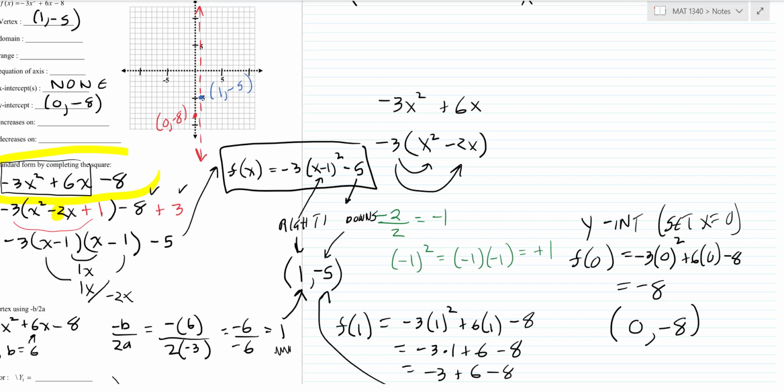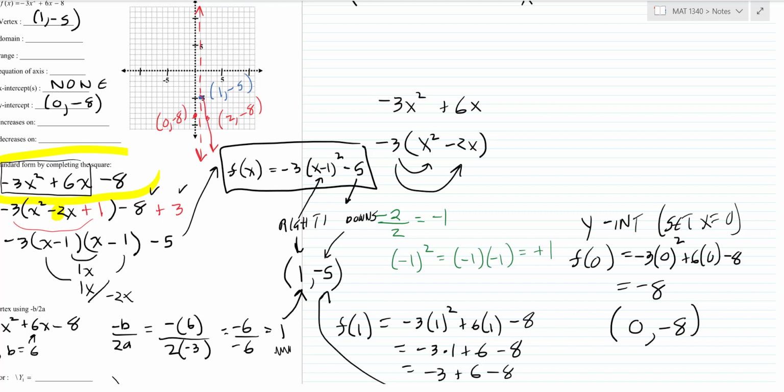Okay, and then you're going to find that other point. Where's that other point going to be? From the vertex, we're going to the left one. So if you go to the right one, then that other point would be symmetrical about that. That would be the point (2, -8). That's the benefit of the axis of symmetry.